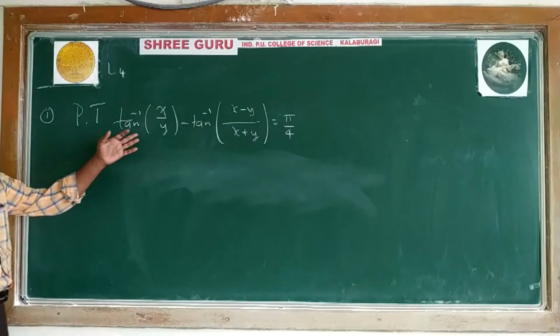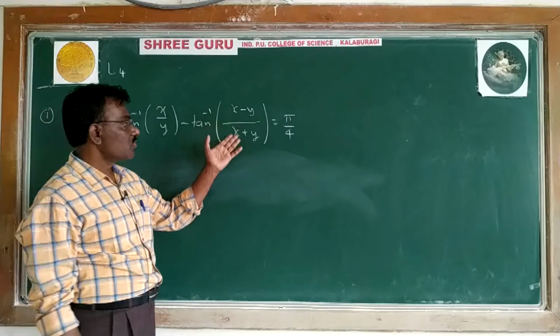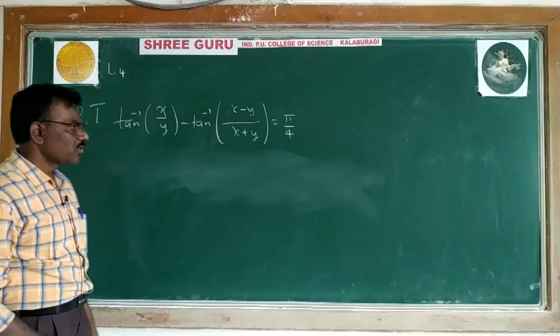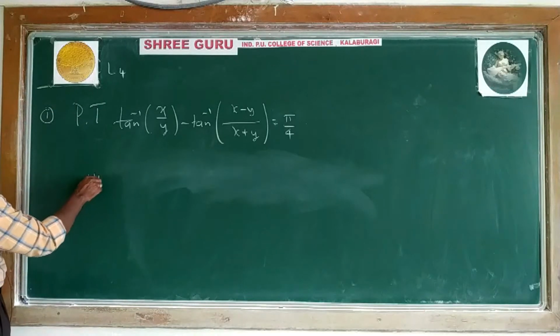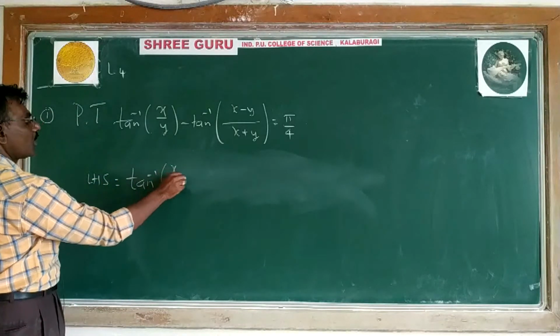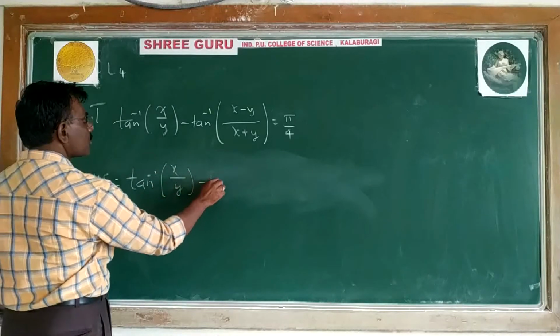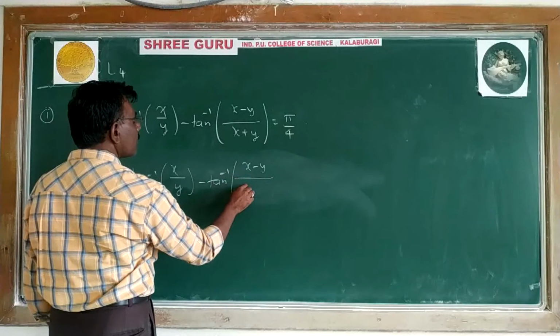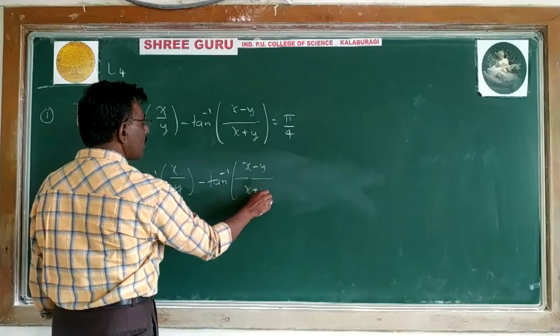Very simple, and better to take the LHS: tan inverse of x by y minus tan inverse of (x minus y) by (x plus y).